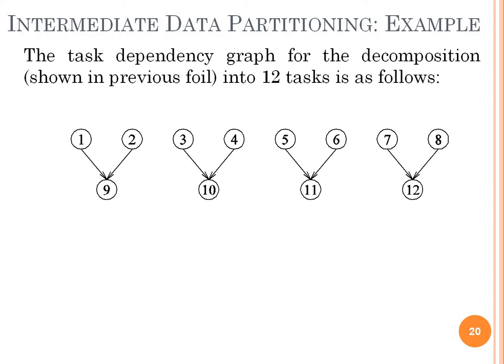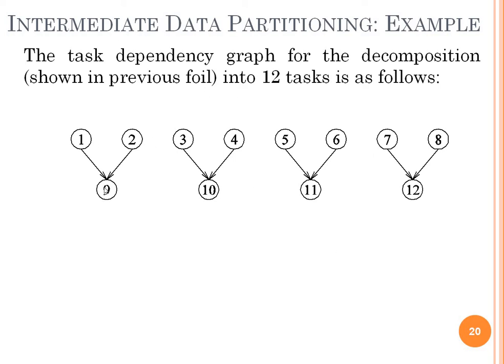Example: the task dependency graph for the decomposition into 12 tasks is as follows. Now here is the task dependency graph generated. Task 9 is dependent on tasks 1 and 2. Task 10 is dependent on 3 and 4. Similarly, 11 is dependent on 5 and 6. 12 is dependent on 7 and 8.